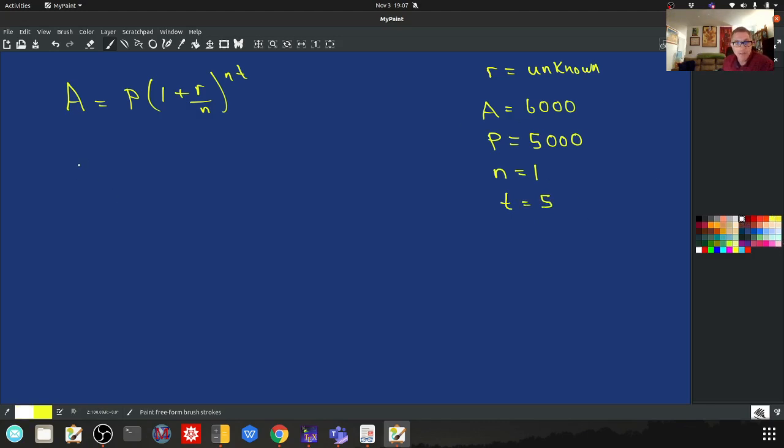So my A is equal to 6,000. My P is 5,000. 1 plus R is my unknown, and R is divided by 1. 1 plus R raised to the T. That's supposed to have another 0 in there.